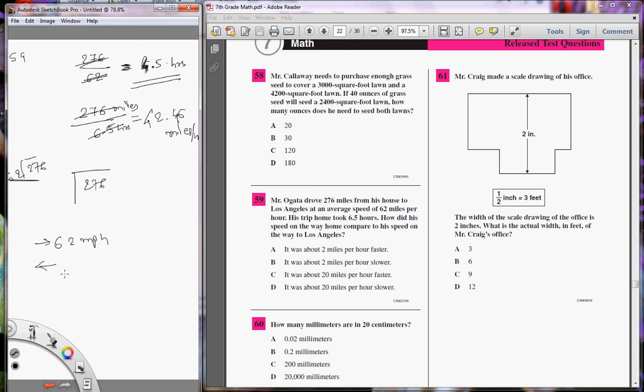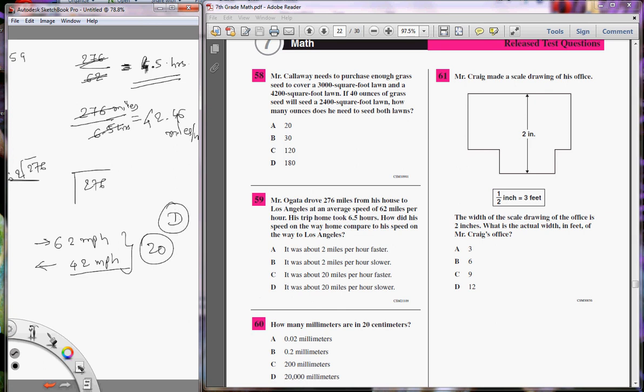When he came back, it was around 42 miles per hour. So the difference is around 20 miles per hour, and he was slower. So the answer will be, let's see, C. No, it will be D, because that one is slower. When he's coming back, he was driving at only 42 miles per hour, so the answer will be D here.